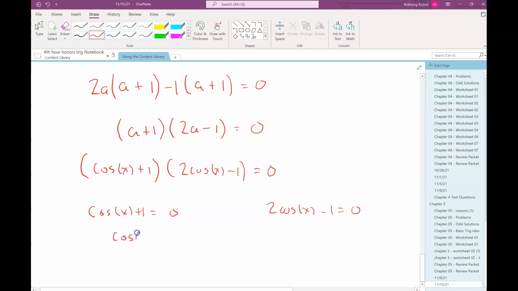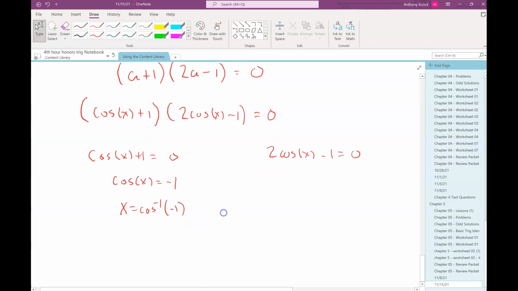So the first equation, I'll subtract 1 from both sides and then do the cosine inverse. I'll go to my unit circle, look up where x is -1, and I find that that's at pi, the only location there.